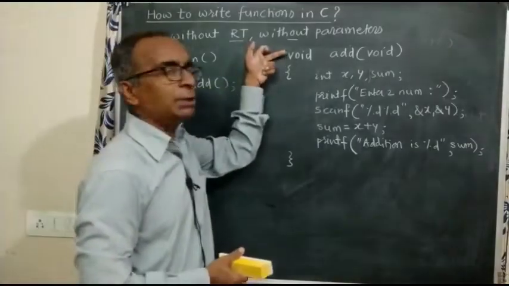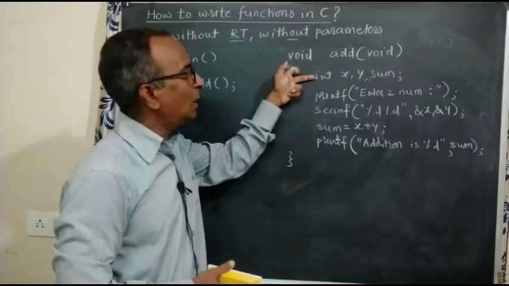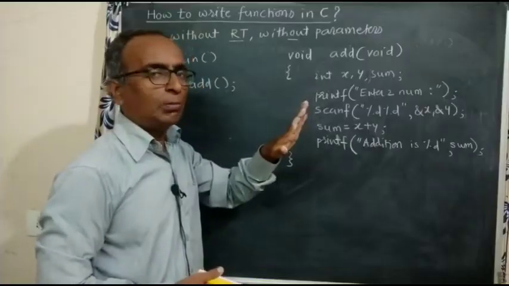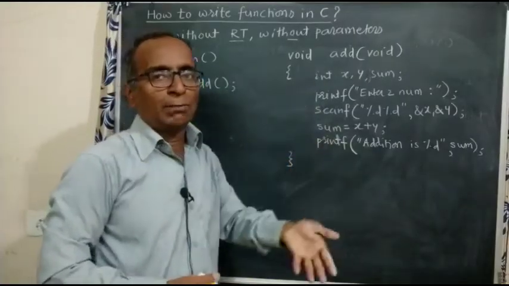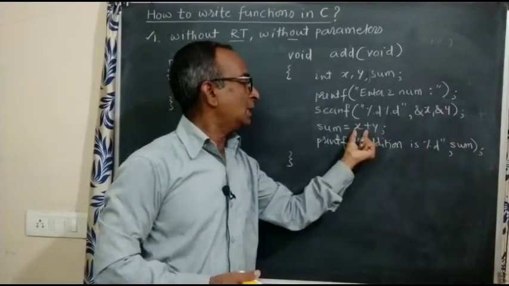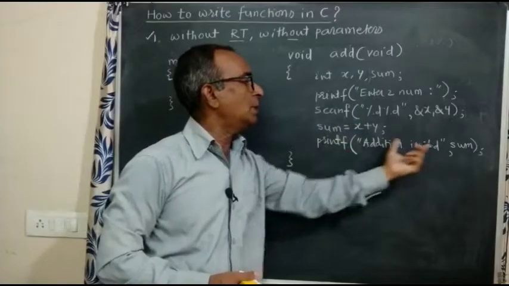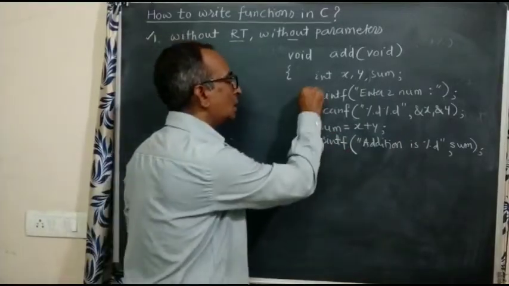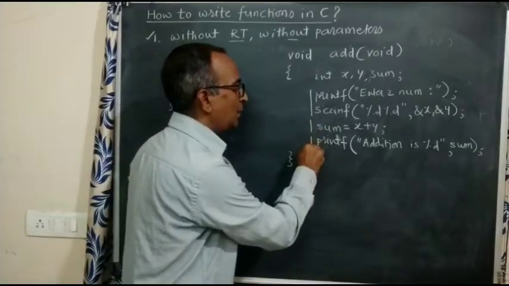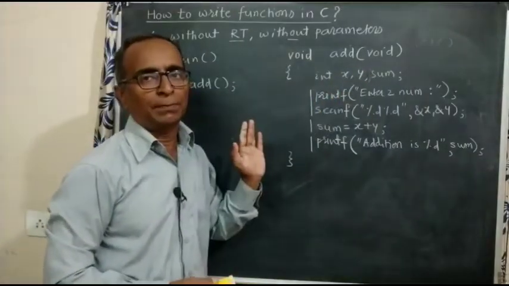Control goes to this function. Then it will declare x, y and some variables. Enter two numbers will appear. Whatever two numbers you enter will be stored in x and y. Those x, y will be added. The calculated sum will be given to sum. This is reading input, this is processing, this is giving output. These three steps will be done by this.